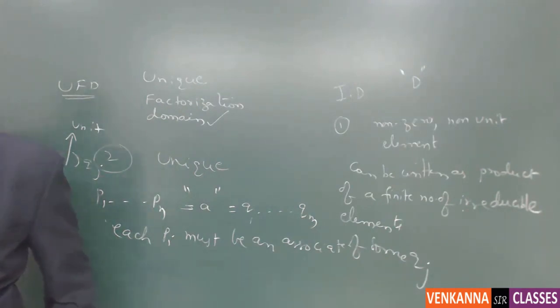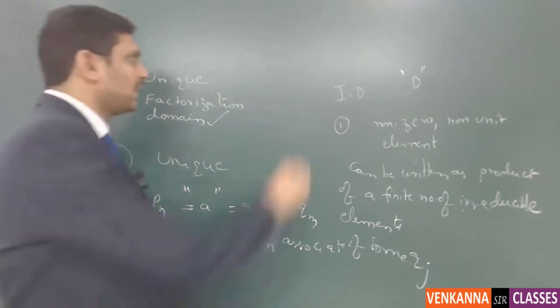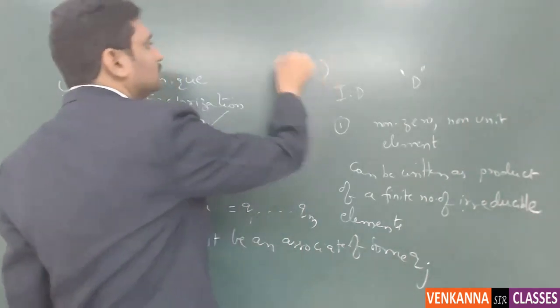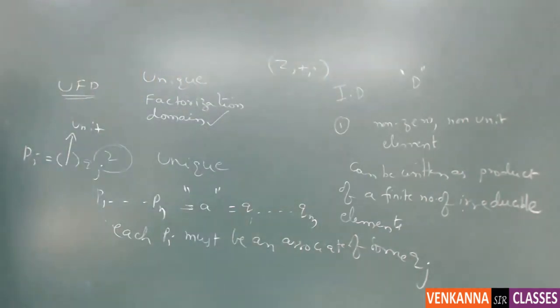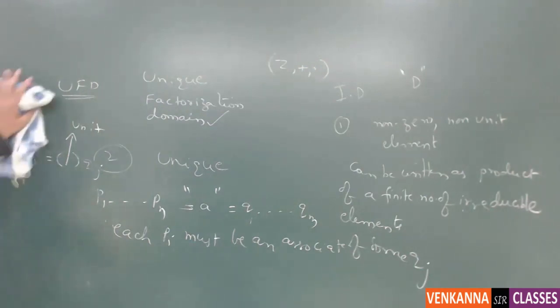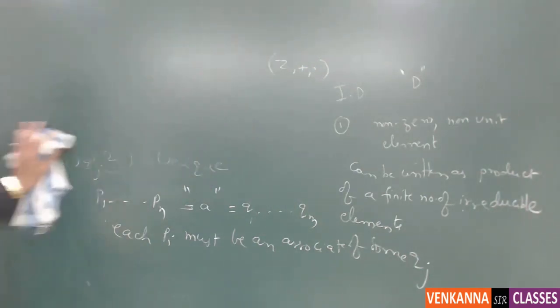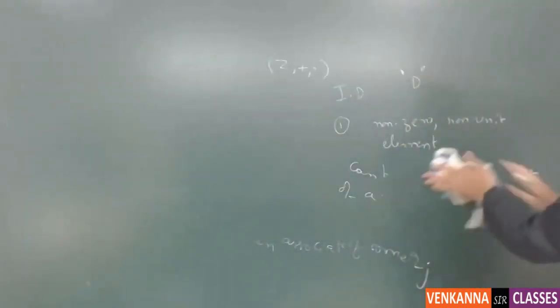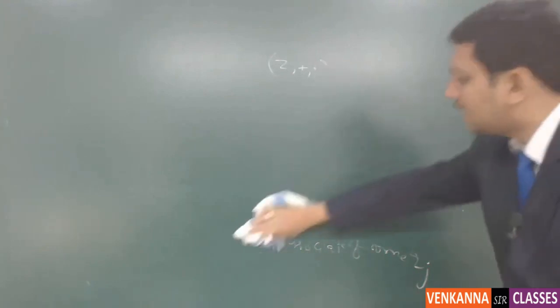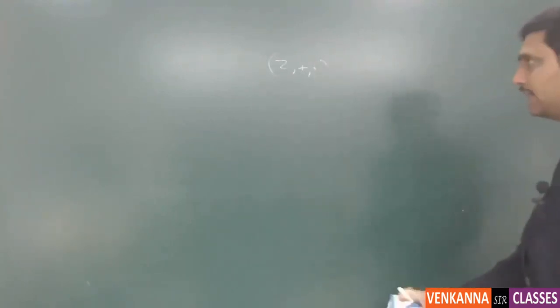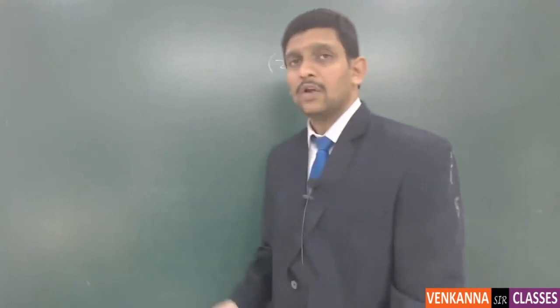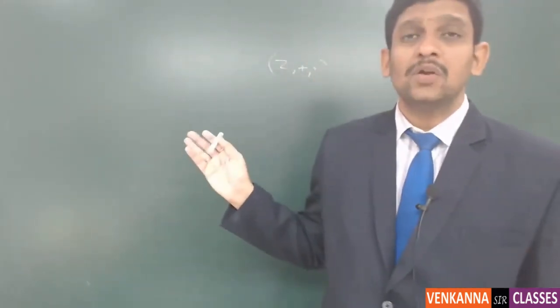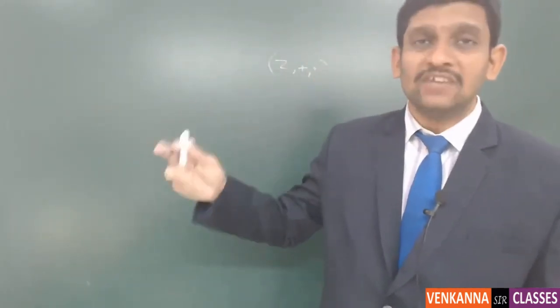If you take another example, let me say I have considered our ring Z, plus, dot, the set of integers. We know that the set of integers is an integral domain, and I will say that it is a UFD. Now coming to Z, can you mention what are the elements having inverse in Z?